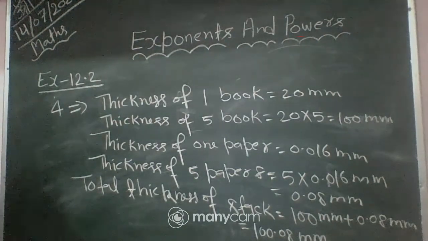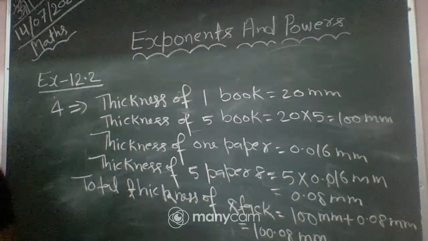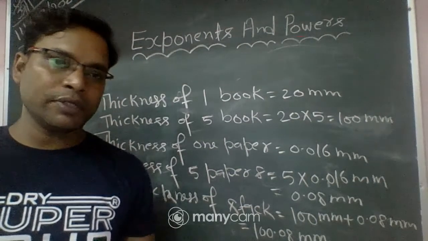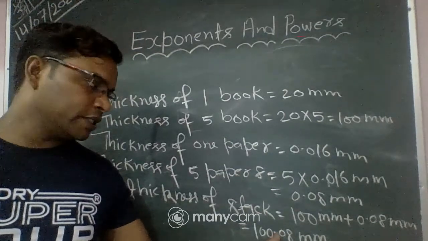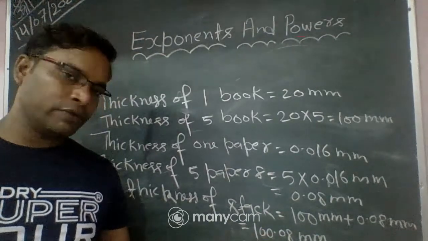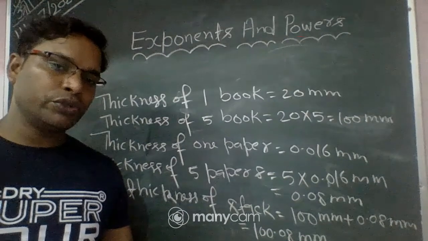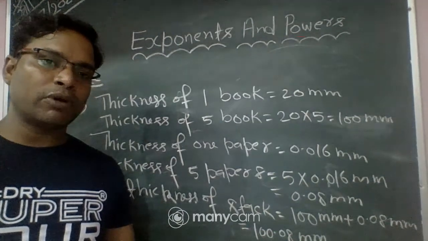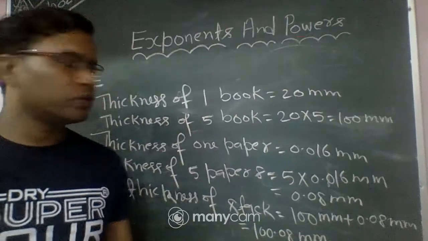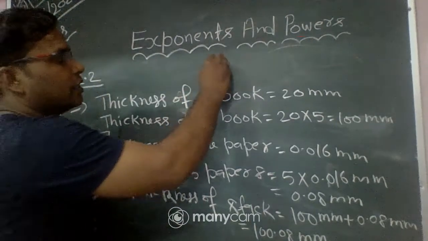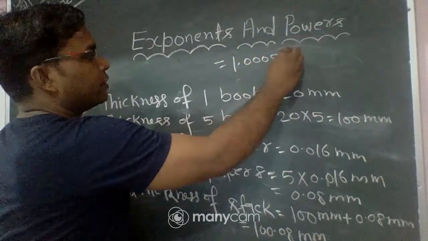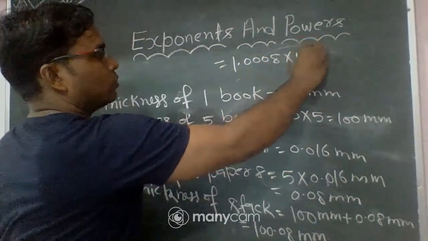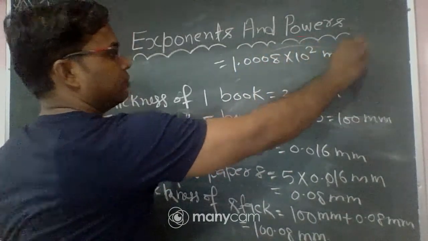If you need to write it in standard form, the decimal moves to the left-hand side. How many digits? 1, 2. So we have 1.0008 into 10 power 2 mm. So you can write in standard form like this: 1.0008 into 10 power 2 mm.